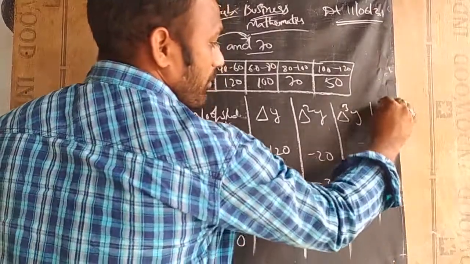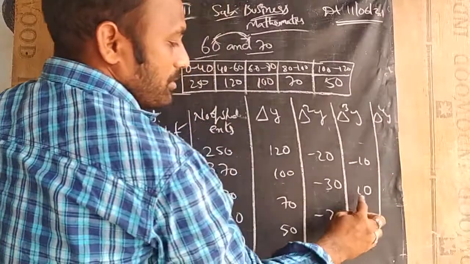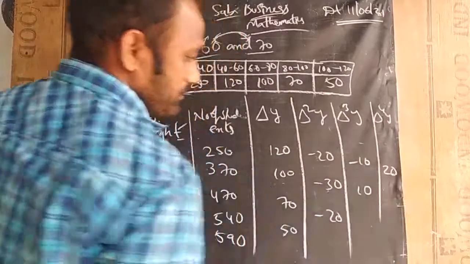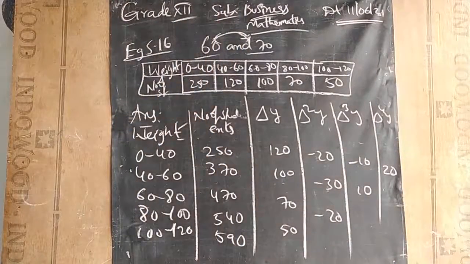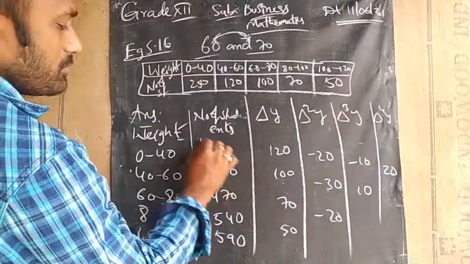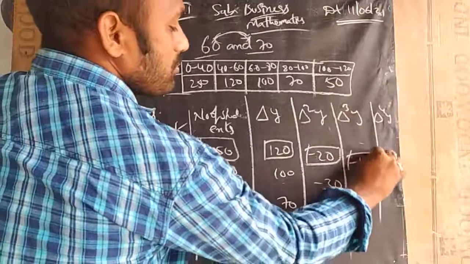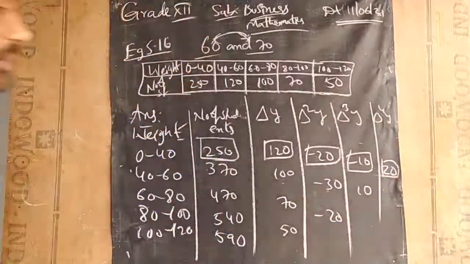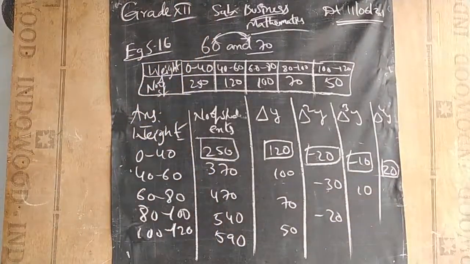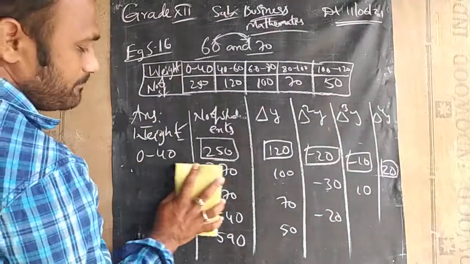So delta power 4 is 10 plus 10, 20. So these are the values of the forward difference table.